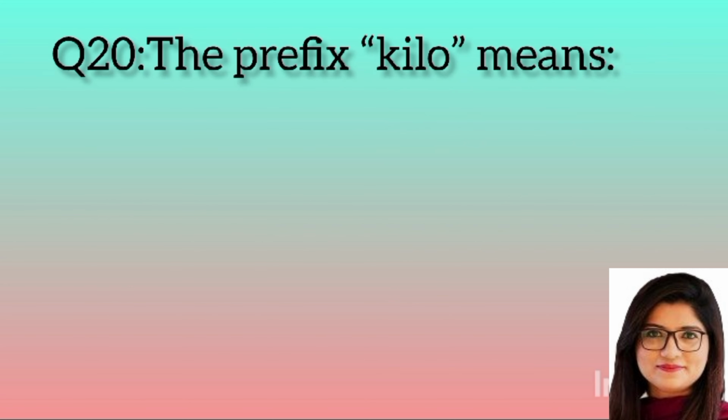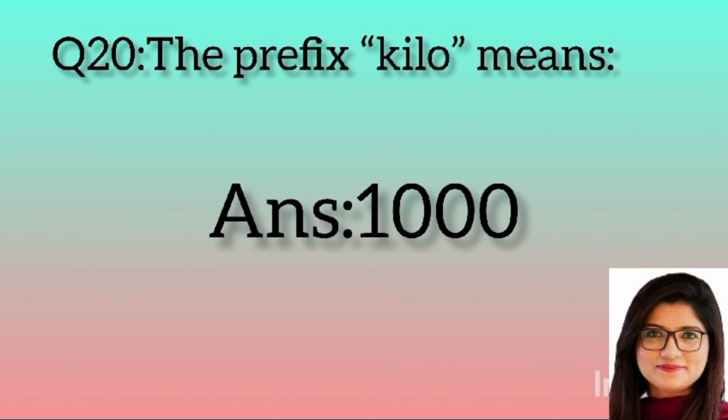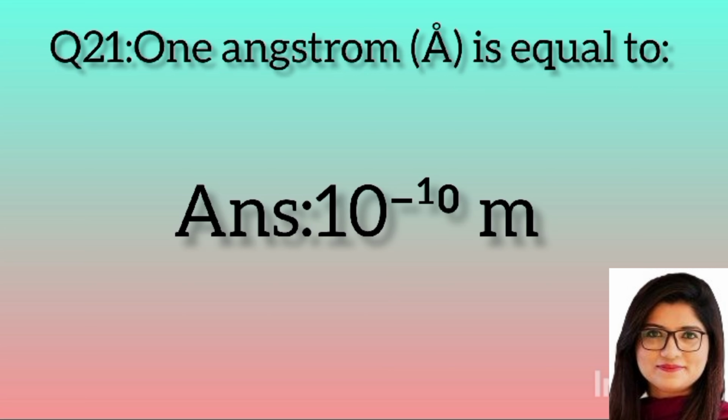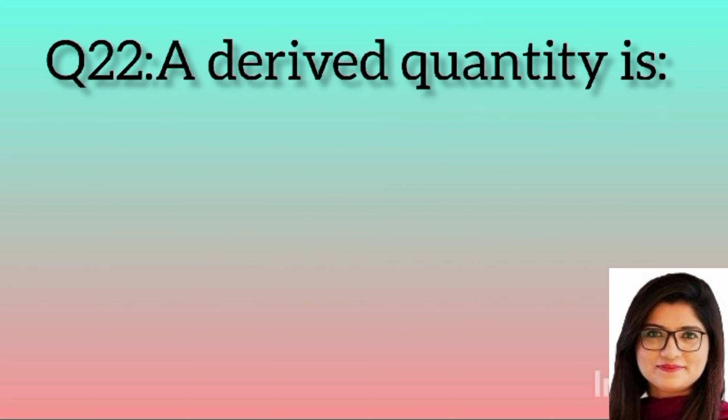Question 20. The prefix kilo means answer: 1000. Question 21. 1 angstrom is equal to answer: 10 power minus 10 meter. Question 22.